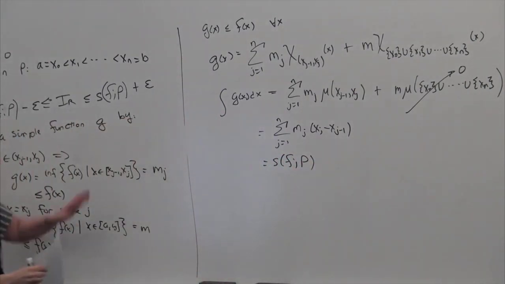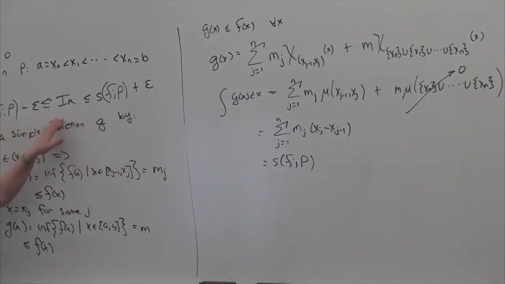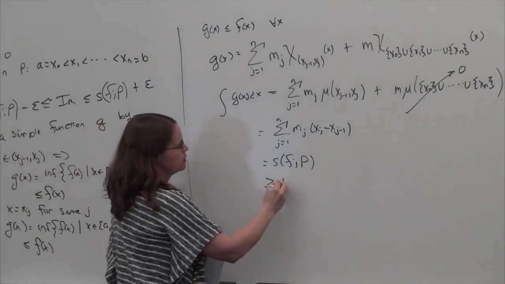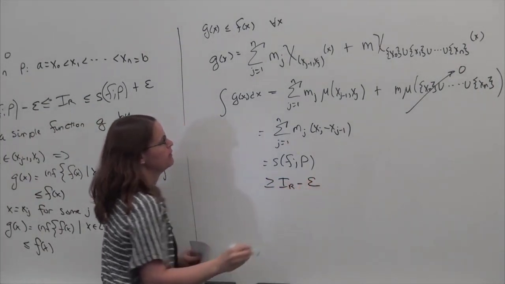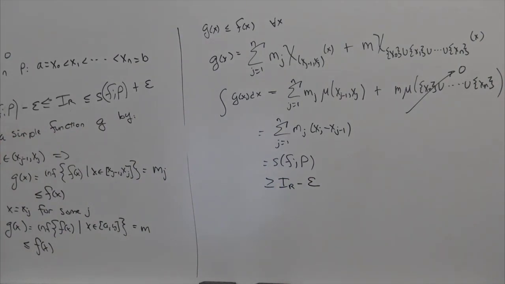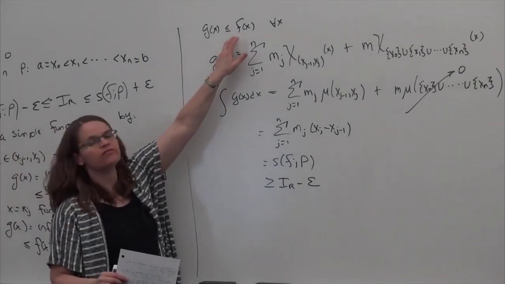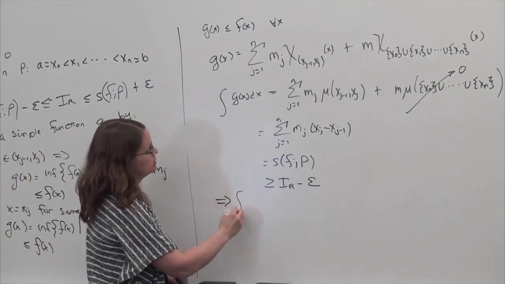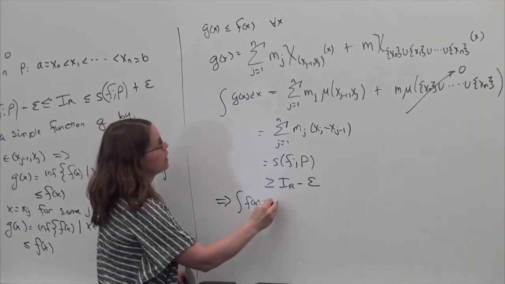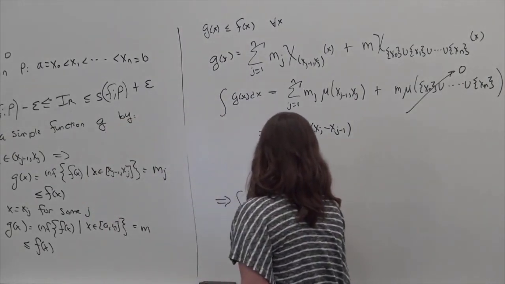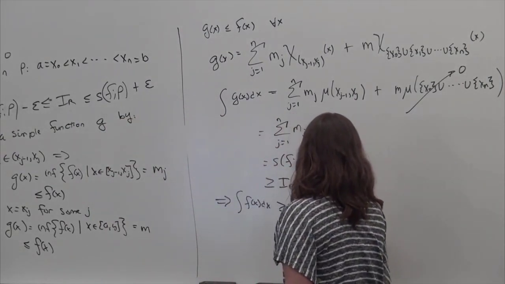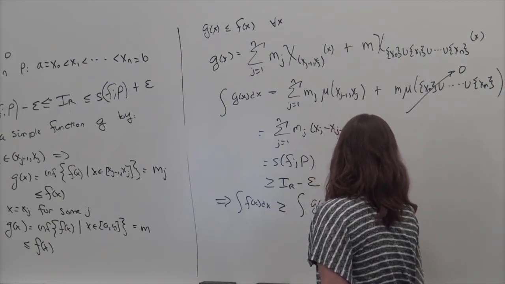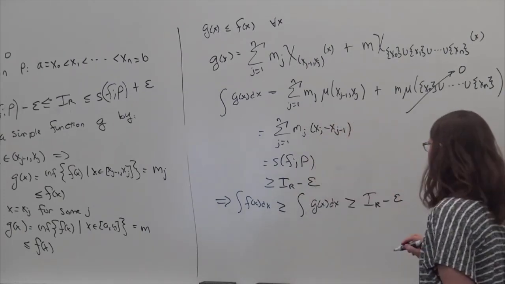And we know something about this lower sum. We know it's bigger than or equal to the value of the Riemann integral minus epsilon. Okay, so that means the value of the integral of f that we come up with, any candidate for that, has to be bigger than or equal to the integral of g, which is bigger than or equal to the Riemann integral minus epsilon.